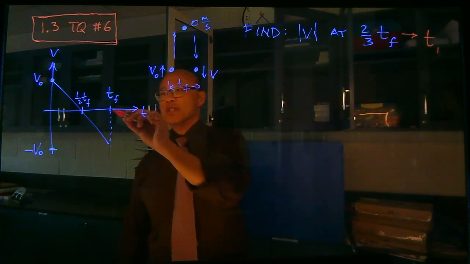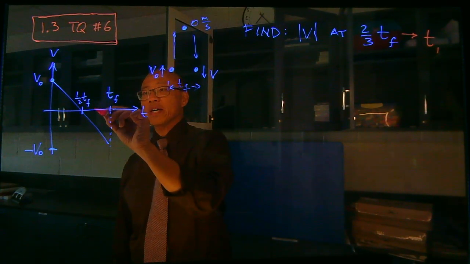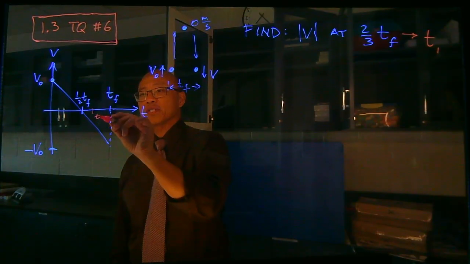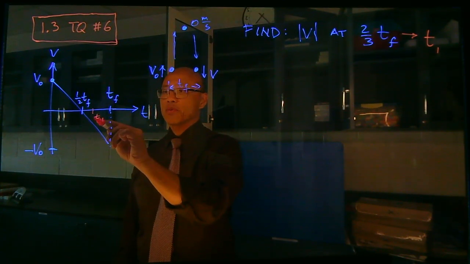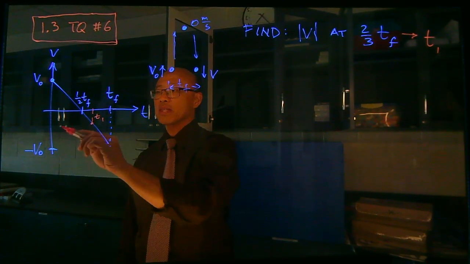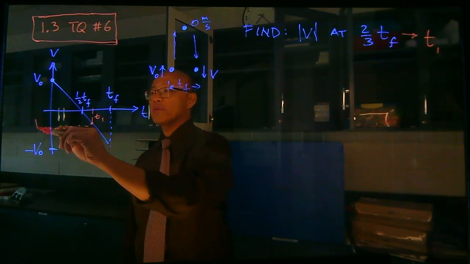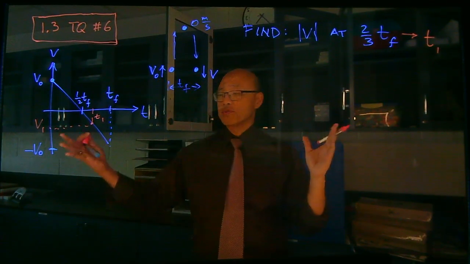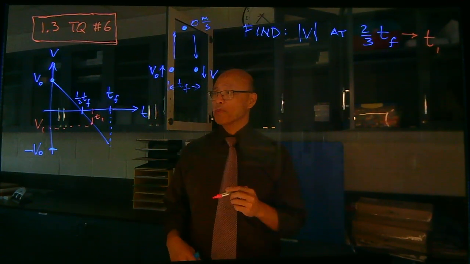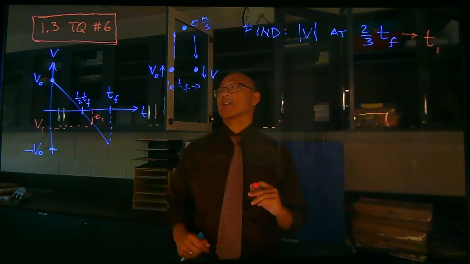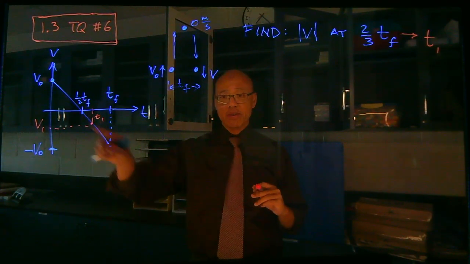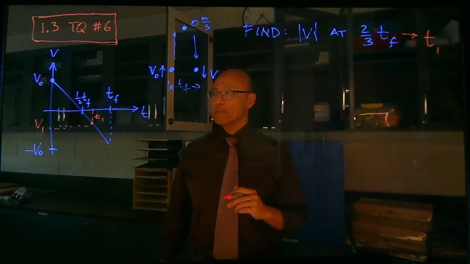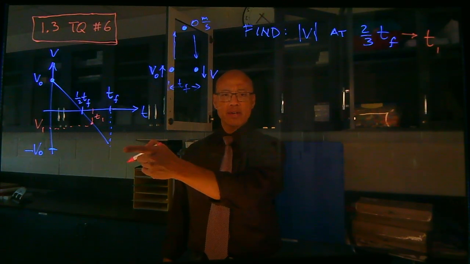So T1 is going to be 2/3, which is a little bit past half, right? T1 is about here, and I want to know how fast it's going right at that point. So I'll just call that V1. I'm just trying to think through the problem and go, okay, what are they really asking? I want to find this point on this line. That's what they're asking. But I have an equation for that line, don't I?